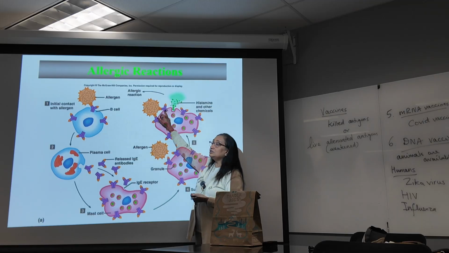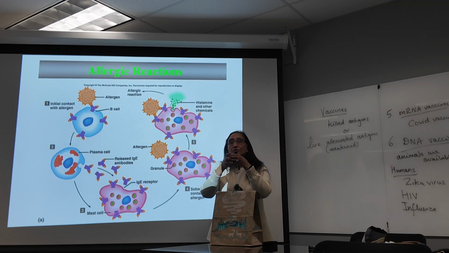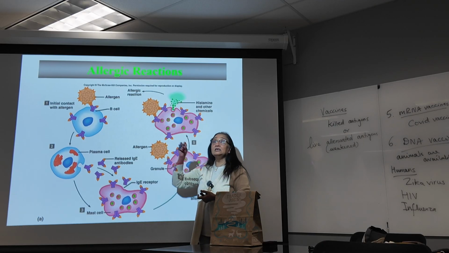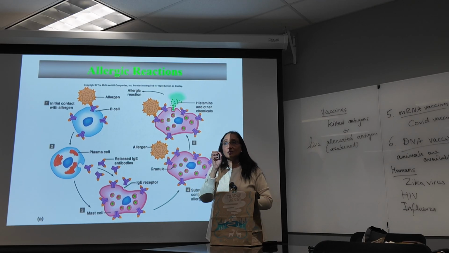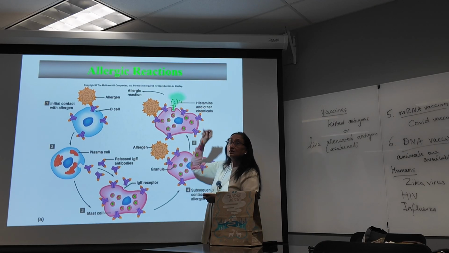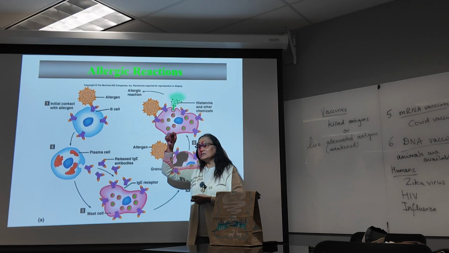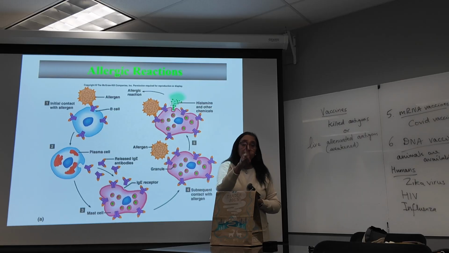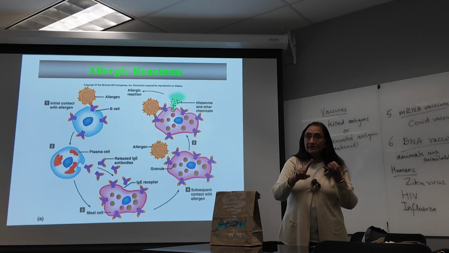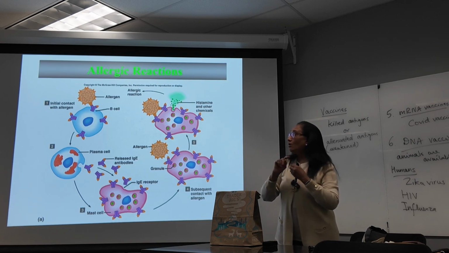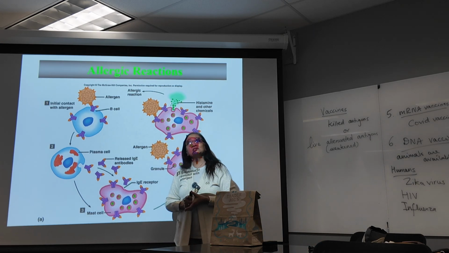And once they bind to the allergen, these mast cells are going to break open and they will release histamine and all kinds of chemicals, a major being histamine. They will release a lot of histamine. And histamine is responsible for all the symptoms that you have. Redness, itching, swelling, rashes, all of that is due to histamine.